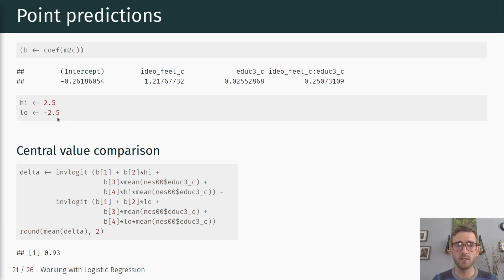On the one hand, we can make a central value comparison, which means we set education equal to some value, for example, the mean or the median, okay? If we want to compute that change in the predicted probabilities, we have to plug in our linear predictor for our values for high ideological self-placement and low ideological self-placement, but adding now the average value of education across the entire sample.